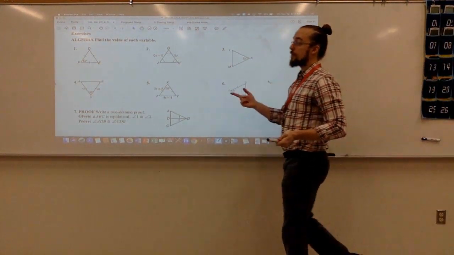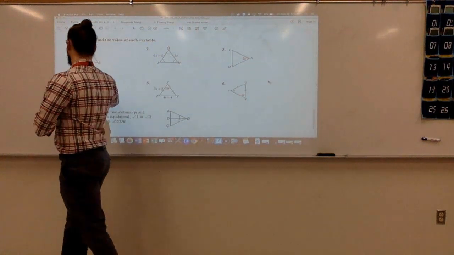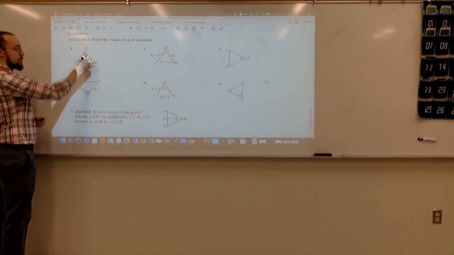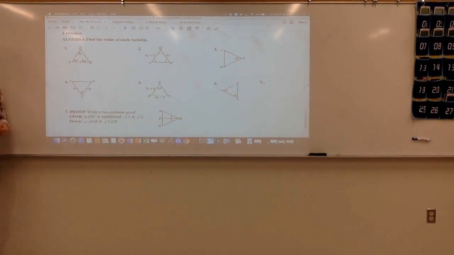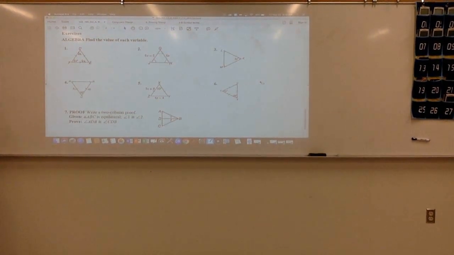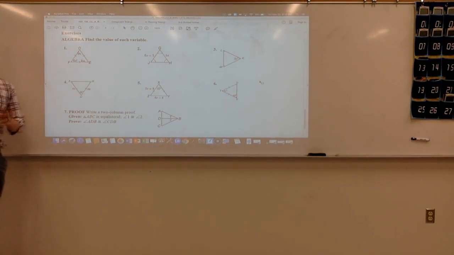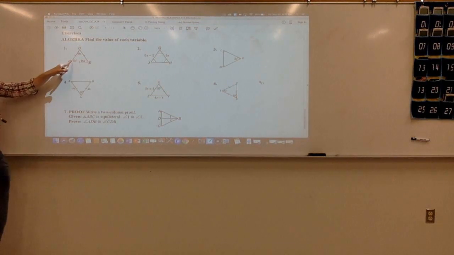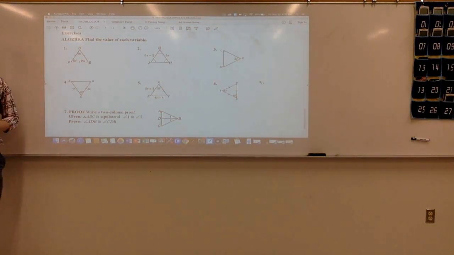So if we're given angles, we can say, well, if this one's 6x, this one's 6x, and this one's 6x, then all three of them would add to 180, or we could just say, well, that one has to be 60. Either of those methods will work.